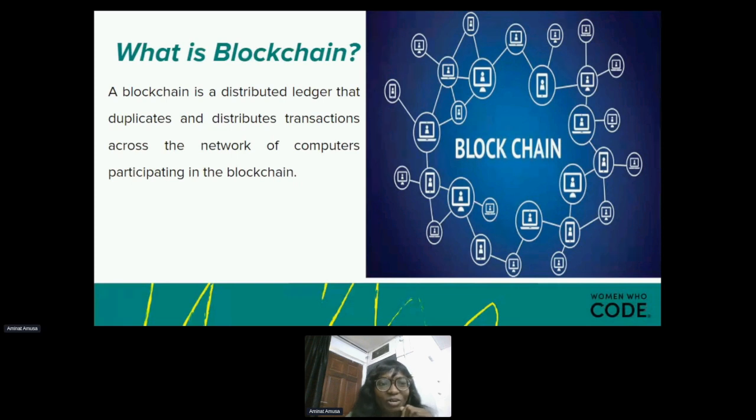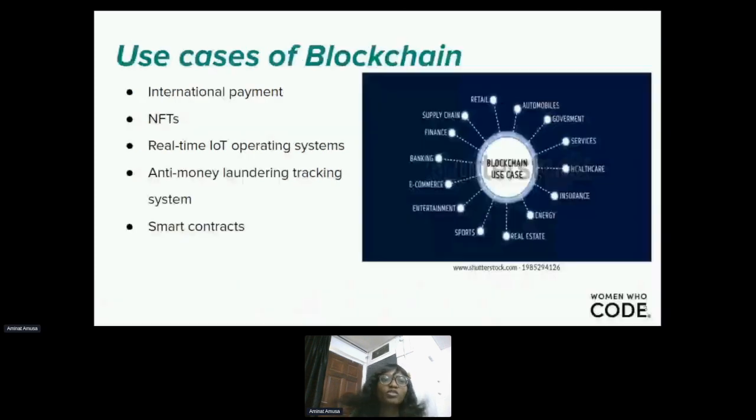Yes. So we're going to dive into use cases of blockchain, and we're going to talk about the current applications for blockchain that people are using. When I introduced myself earlier, I mentioned that I stay in Lagos, Nigeria, and I'm going to use an example for international payment. For the traditional financial system, if I was to receive money from overseas, I would need to either go to PayPal or go to Western Union.